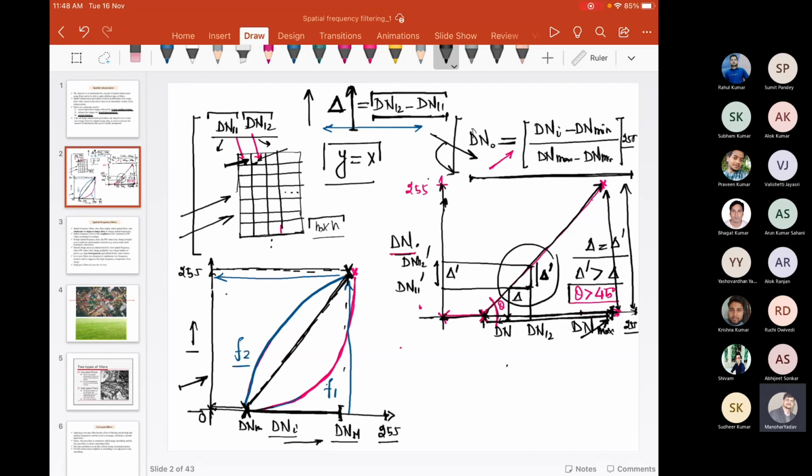And we have seen that delta increases when the slope of the transfer function, let's say this is f, is more than 45°. Is this correct? This is the conclusion we have.